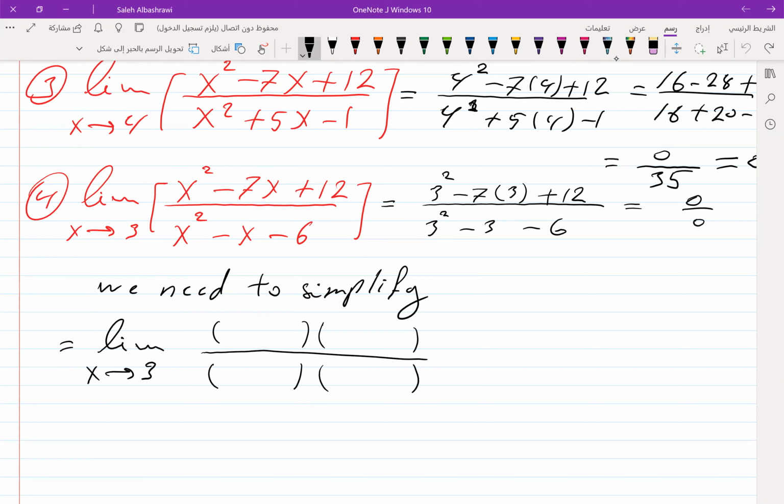So limit as x goes to 3, the numerator will be written as a product of two binomials, and also the denominator will be a product of two binomials. Now the first one, as we mentioned before, x goes to 3 can be written as x minus 3. So the first factor will be this one.